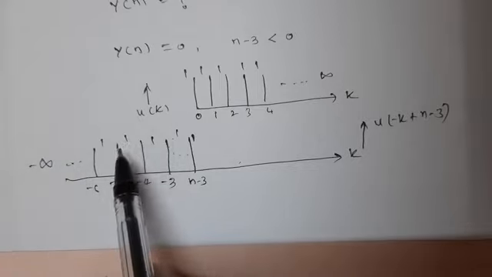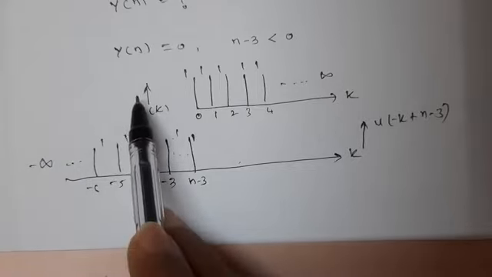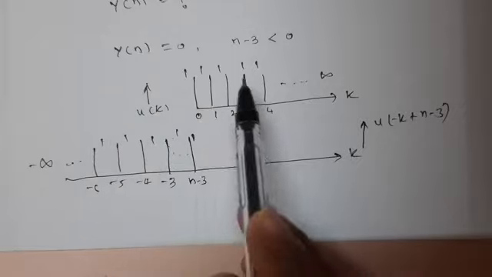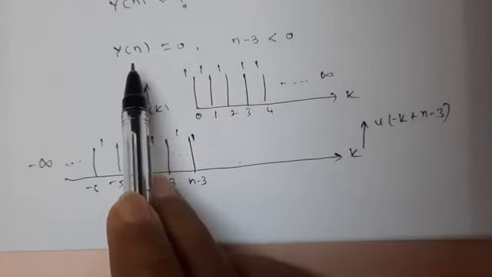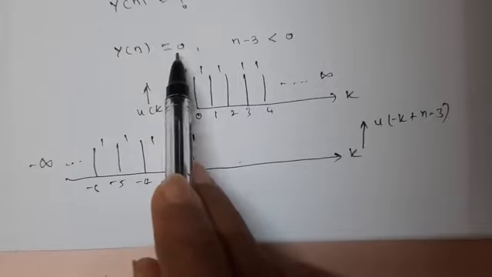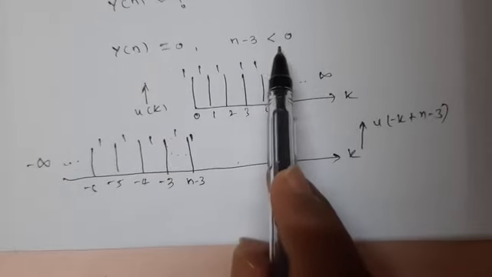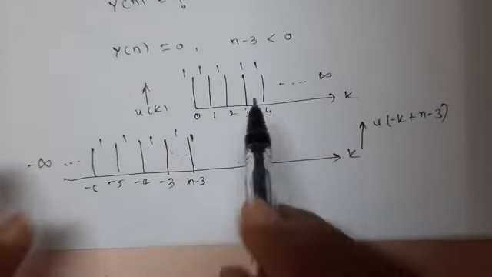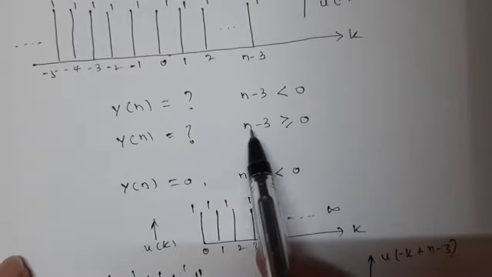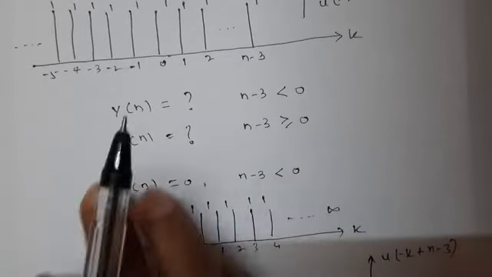If you multiply such samples, you will again get 0. Towards the left side also 0, towards the right side also 0. Hence I have written y of n is equal to 0 when n minus 3 is less than 0. Now we will see the condition n minus 3 greater than or equal to 0. So again I will draw your u of k.